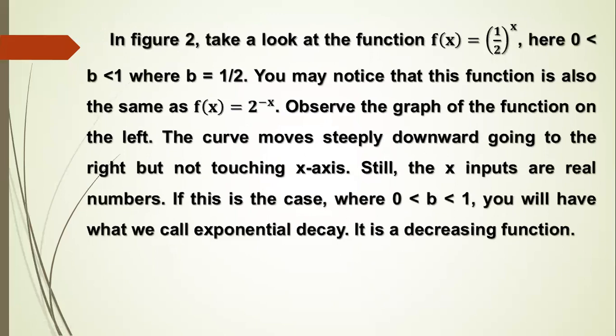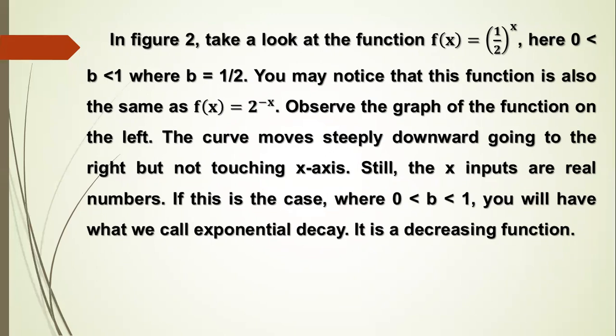In figure 2, take a look at the function f of x equals 1 half raised to x. Here, b is greater than 0 but less than 1, where b is 1 half. You may notice that this function is also the same as f of x equals 2 raised to negative x. Observe the graph of the function on the left. The curve moves steeply downward going to the right but not touching the x-axis.